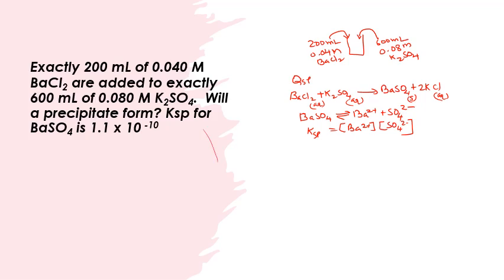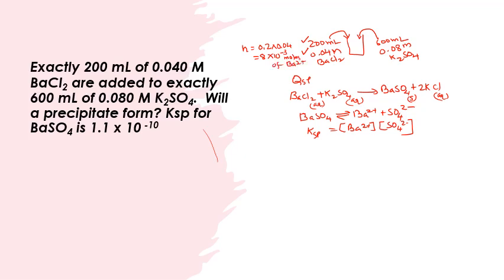And now we should know what is the concentration of barium ion and what is the concentration of sulfate ion. So we can use our given data to find that. Here we have the volume, we have the molarity, we can find the number of moles. So I will change that volume into liters, so that will be 0.2 liters. And then when I multiply with the molarity, which is 0.04, I will get the number of moles, which is going to be 8 times 10 to the power negative 3 moles of barium ion.